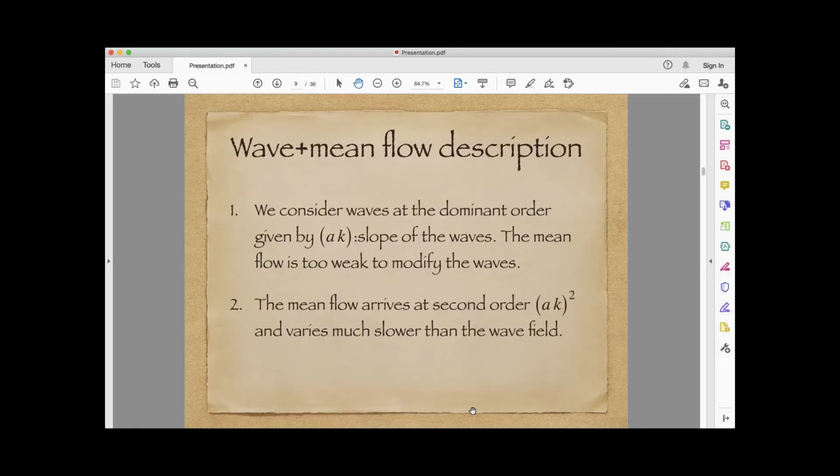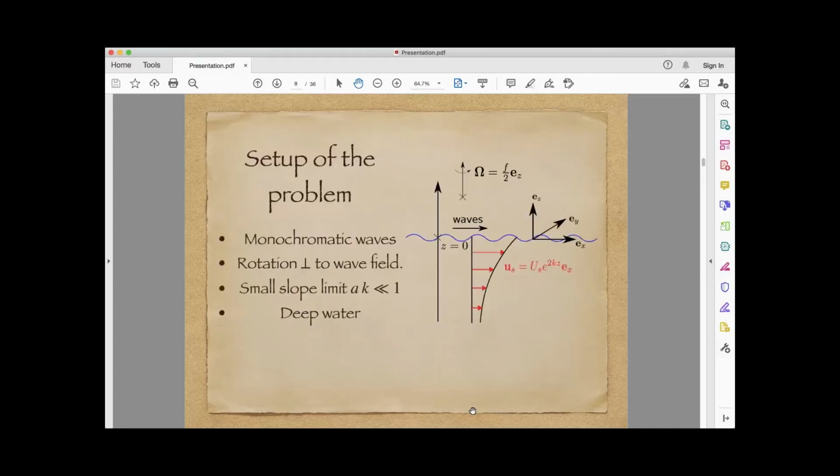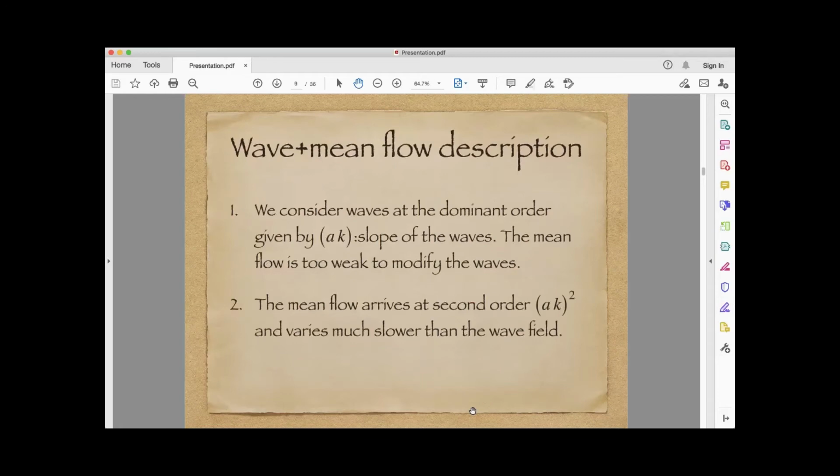Waves oscillate at a particular time scale, and the mean flow at a much larger one. For example, the Stokes drift is just a constant drift with no time dependence. Ursell's solution also is constant in time, but we'll find that actually this mean flow is not necessarily constant. Okay, so this is the description that we'll take.